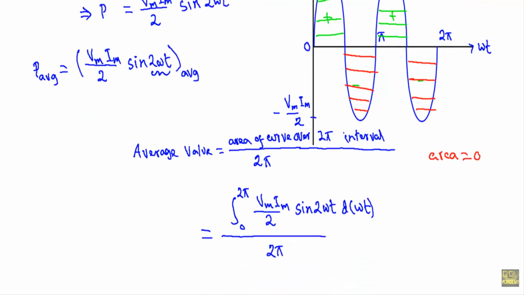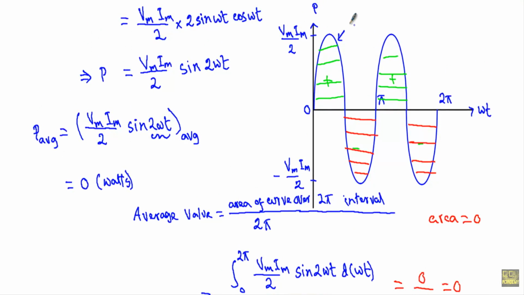So the integration of Vm Im by 2 sin 2 omega t d omega t from 0 to 2 pi will be equal to 0. 0 by 2 pi is equal to 0. That means the average value of the power absorbed by the capacitor will be equal to 0 watt. This implies that our capacitor will not absorb any power.